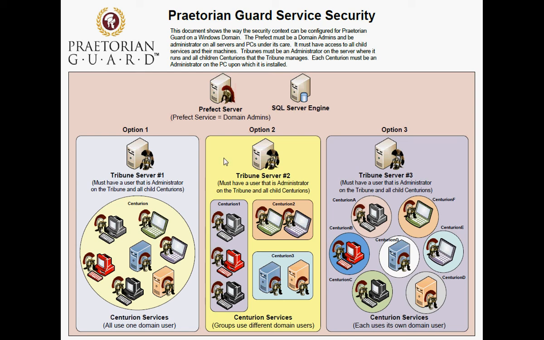The second option is to do a more consolidated approach, where basically the Prefect server has a user, the Tribune has a user, here we see Tribune 2, and then we consolidate PCs, and these groups of PCs use one user each. For instance, the accounting department here might have Centurion 1, Centurion 2 is managing the salespeople, and we could have two servers being managed by Centurion 3.